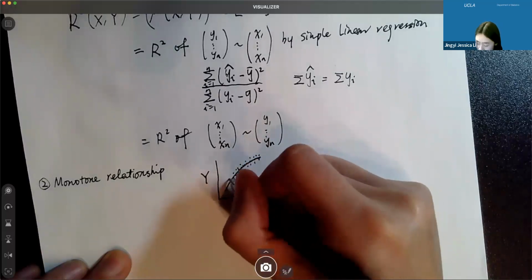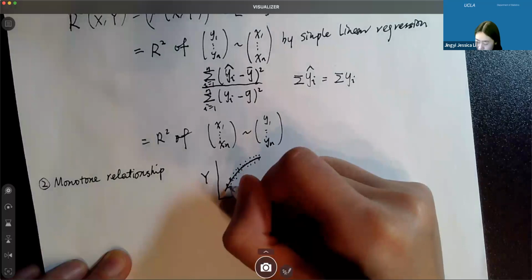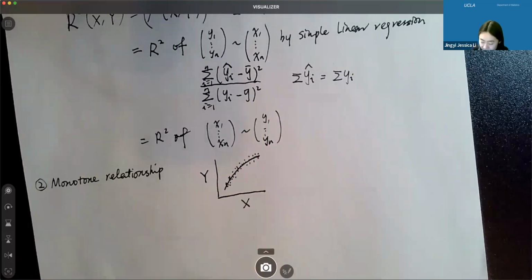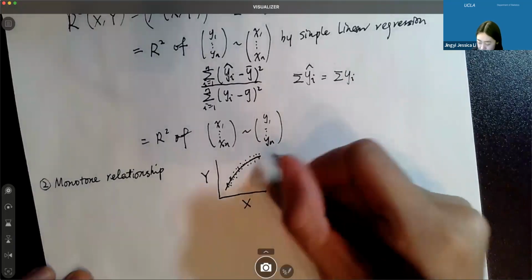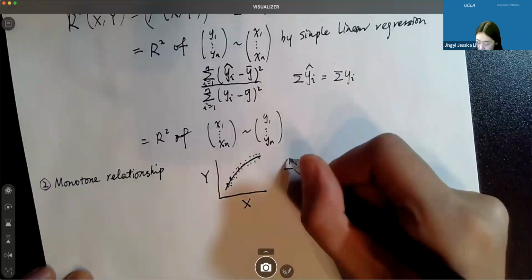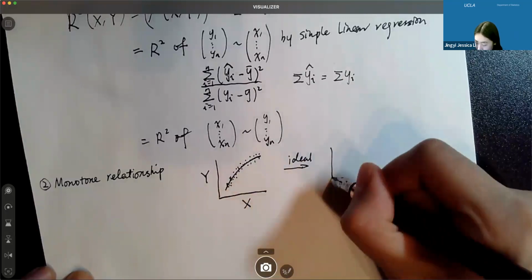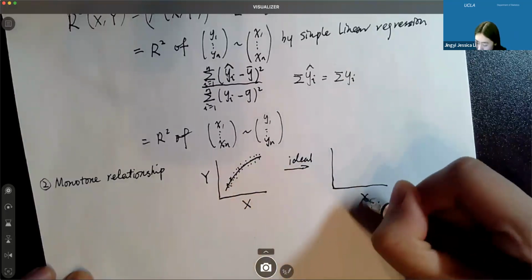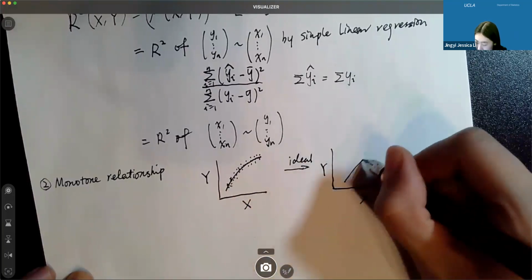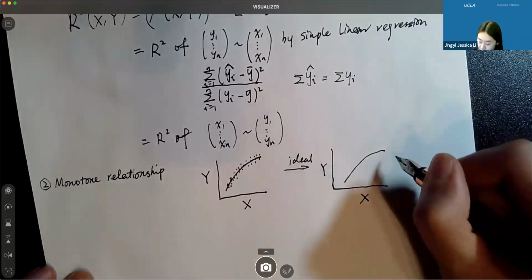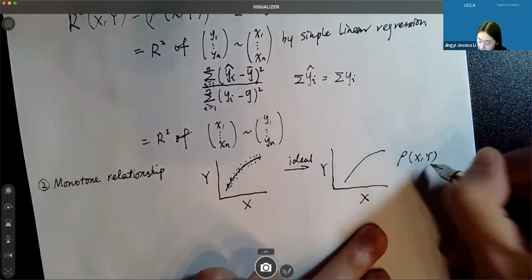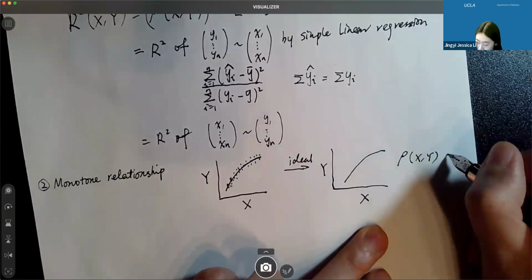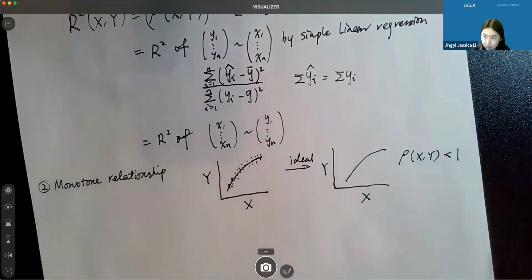Then you may want a measure that is better than the Pearson correlation. Because even in the ideal case with no noise, we have just a curve. But with this curve, the Pearson correlation, which we call rho XY, will still be less than 1 because it's not linear.